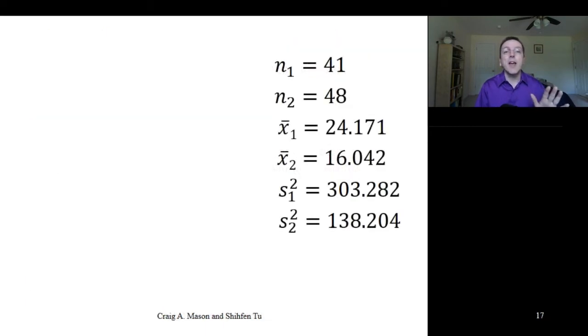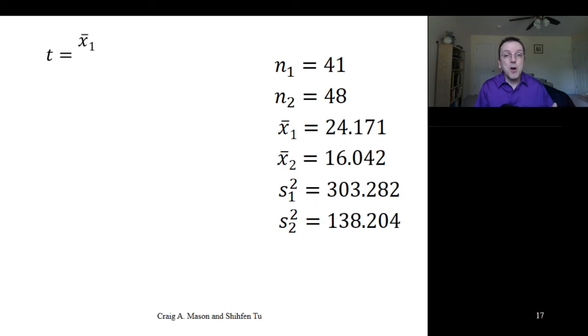Now, as we start our calculations, for clarity, let's copy all the sample descriptive information over here in a nice column. The n, the mean, and the variance for each sample. So what was the formula that we need to do for a t-test?